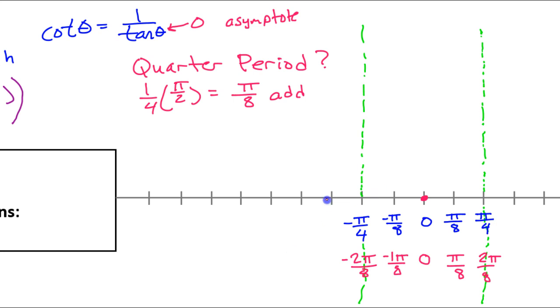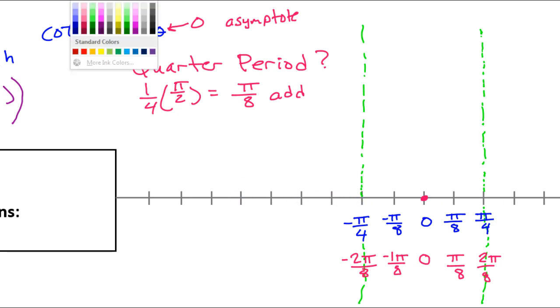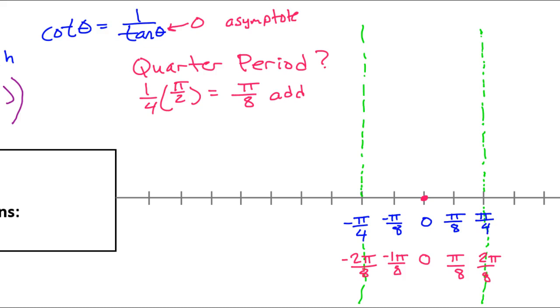And remember, if I go over 4 spaces, that's going to be another period. So I might as well mark it off. 1, 2, 3, 4. So this should be another vertical asymptote over here. I will have to wind up redoing this later, but for now I'm just going to draw it.